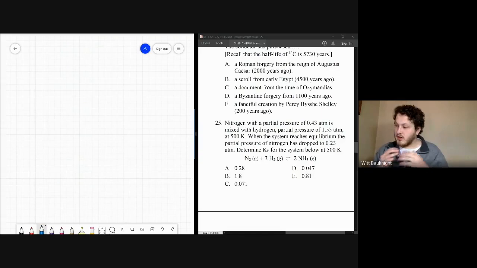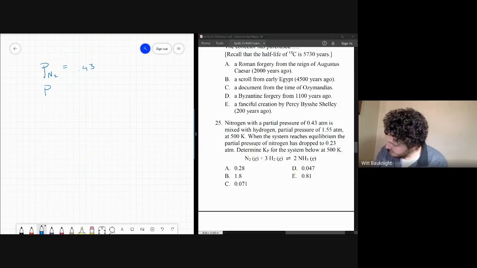So for 25, nitrogen with partial pressure of that. So let's say the partial pressure of nitrogen gas is equal to 0.43. Partial pressure of hydrogen is 1.55. This is atm, by the way. And then we're at 500 degrees Kelvin. I don't think that really matters.